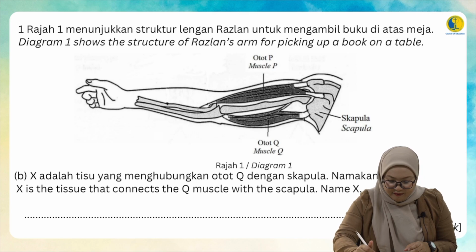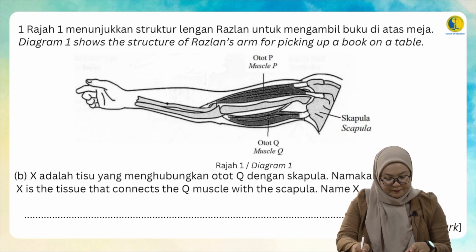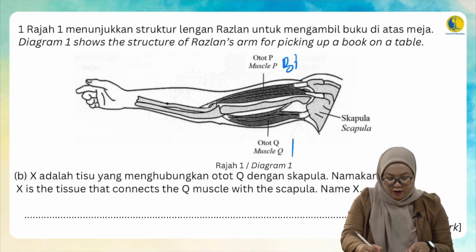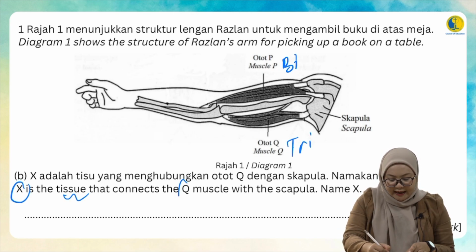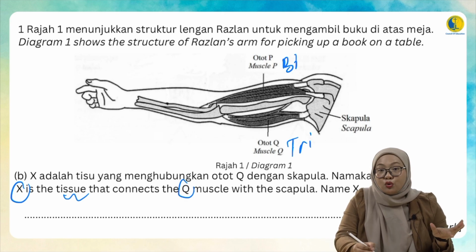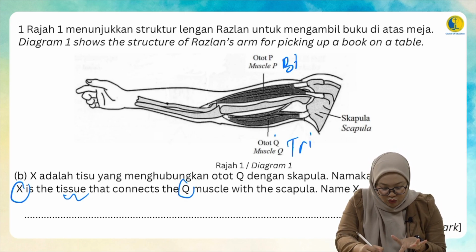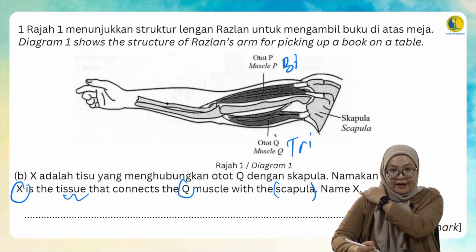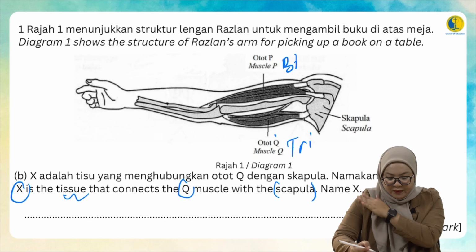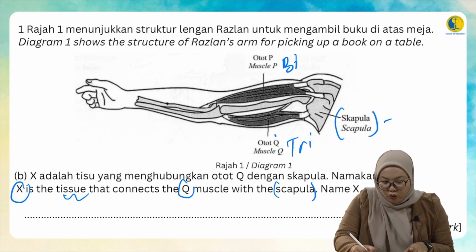Let's have a look at the next question. This is bi, this is tri. X is the tissue that connects Q, which is tricep, to the scapula. The scapula is this area, so this is our scapula. The scapula is a bone.